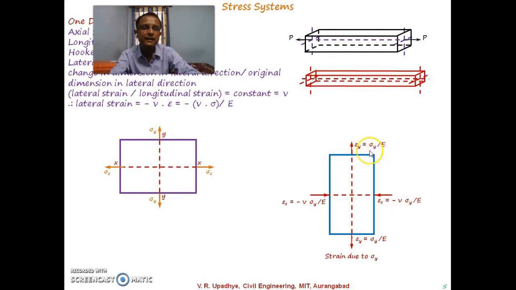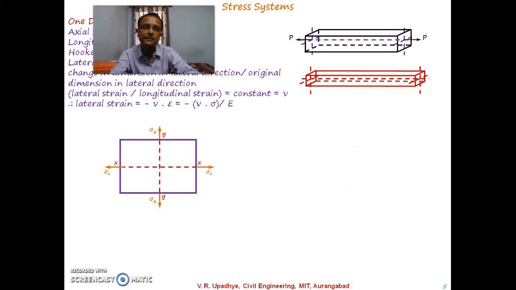So longitudinal strain will be along the y-axis and lateral strain along the x-axis. What will happen if sigma x and sigma y both act together? Then we consider one stress as direct stress along the longitudinal direction, and due to the other stress or force, there will be lateral strain.